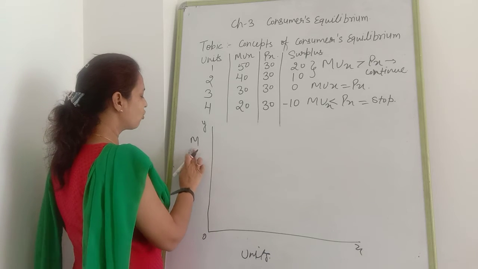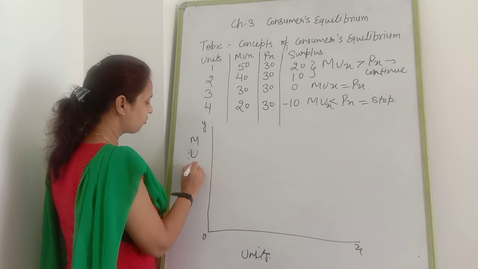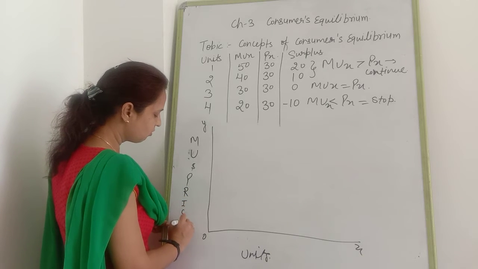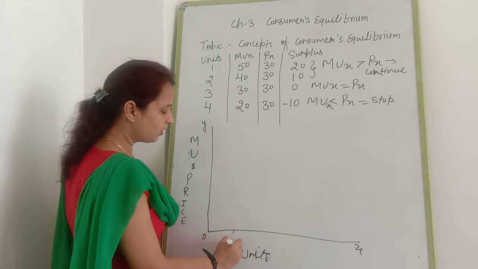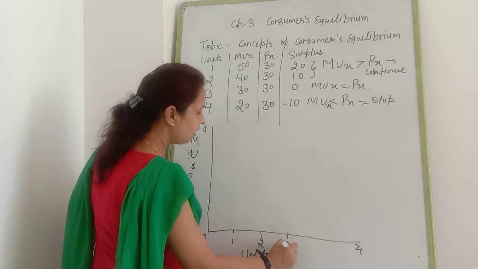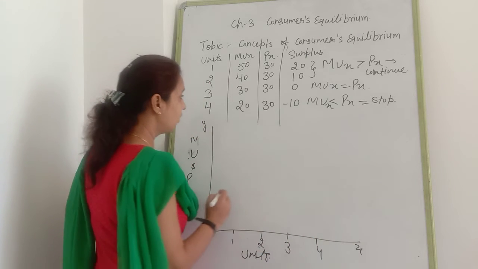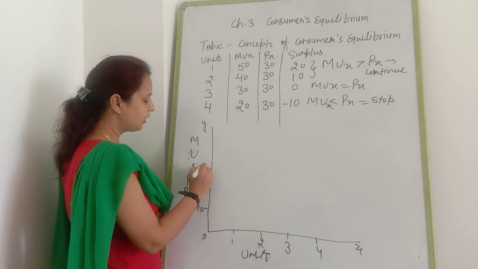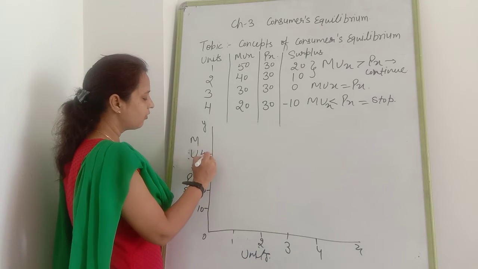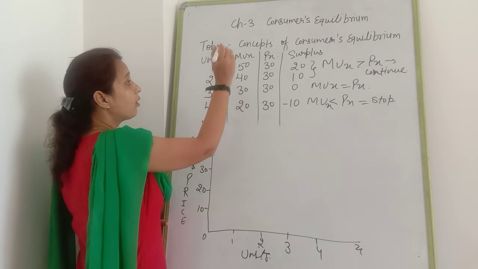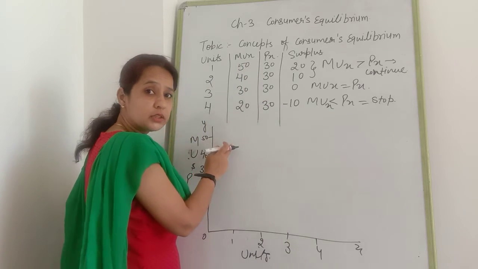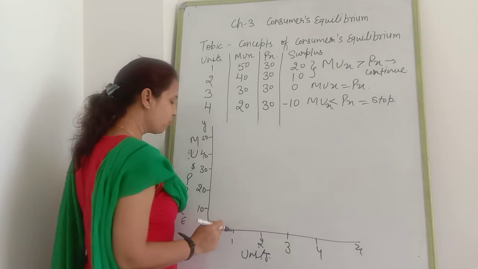I am writing in short form because I have to write prices also. Here 1, 2, 3, 4. Here you are going to write 10, 20, 30, 40, 50, and this will apply when the marginal utility of rupee is equal to 1.